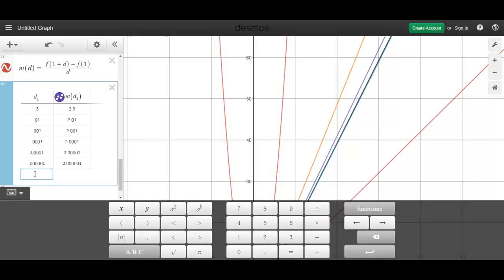Okay? Again, delta x, d here, delta x is the difference in your x values. So the delta x in this situation, this would be 1, and then 1.5 would be the two x values.